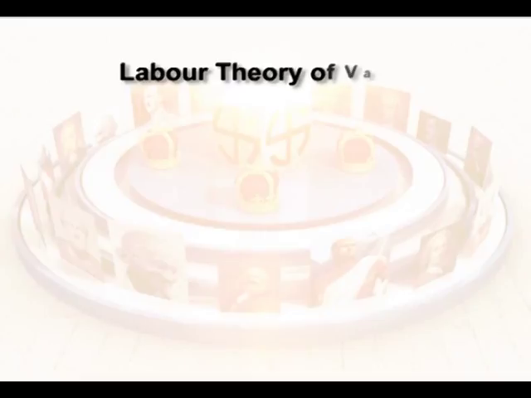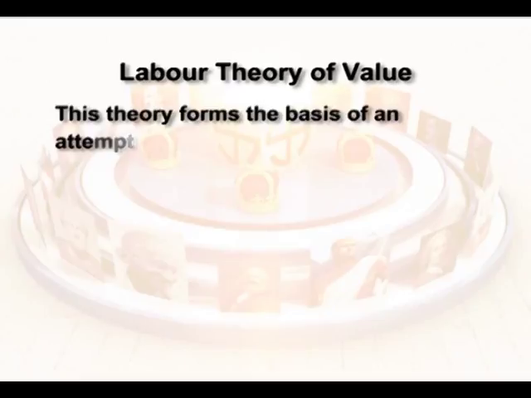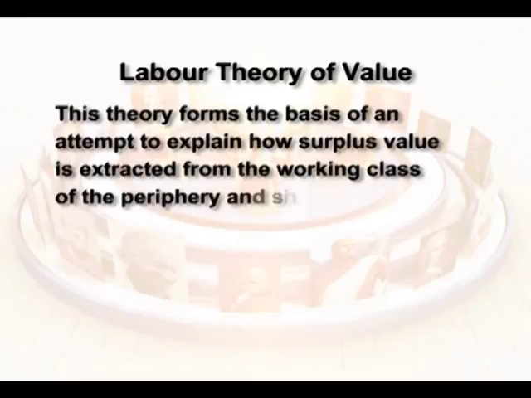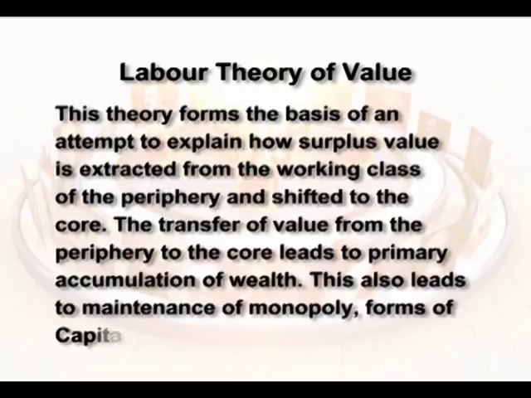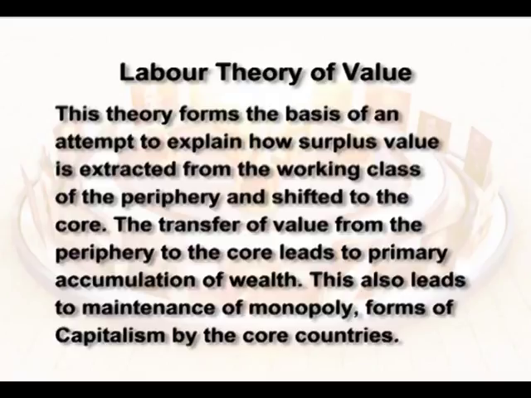Now, this labor theory of value forms the basis of an attempt to explain how surplus value is extracted from the working class of the periphery and shifted to the core.